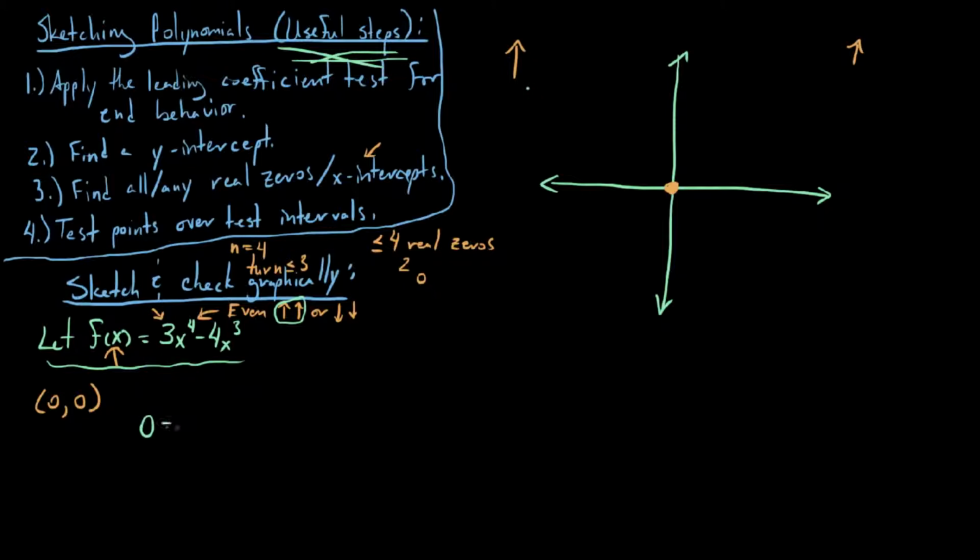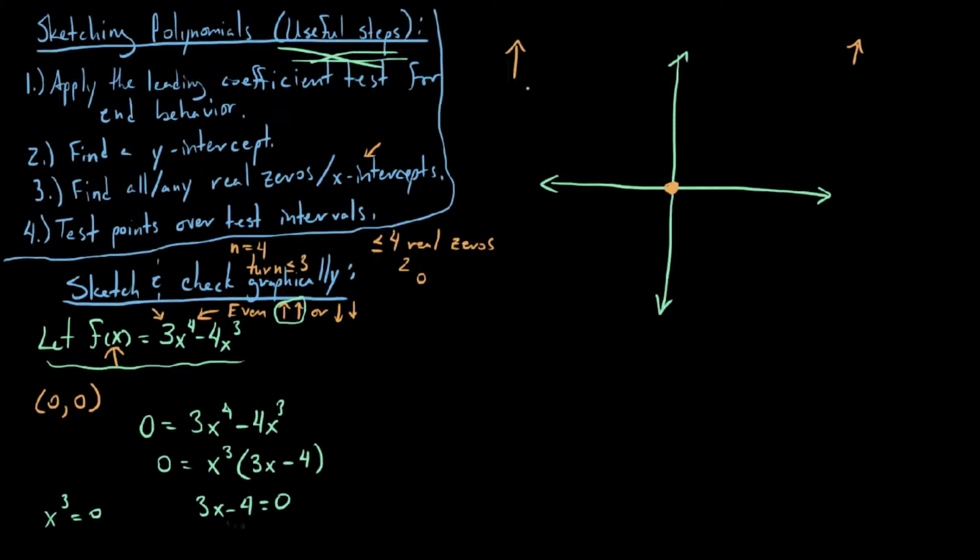So to find the x-intercept, we say y equals 0, and we have 3x to the fourth minus 4x cubed. Now let's take a look at this. We can factor out x cubed here. We get 0 equals x cubed times 3x minus 4. So either x cubed is 0 or 3x minus 4 is 0.